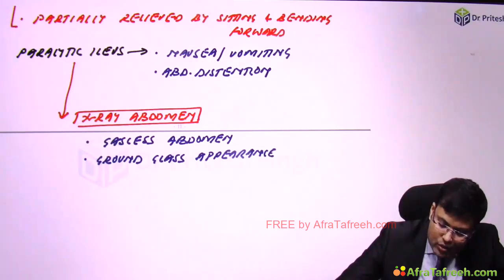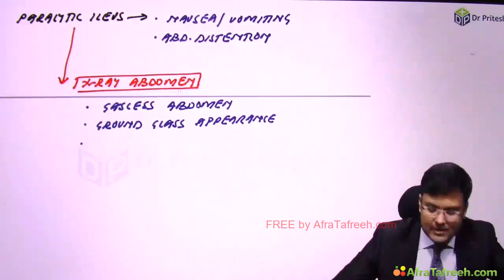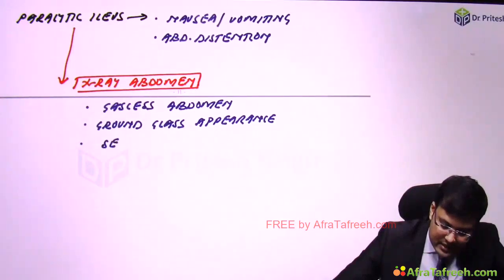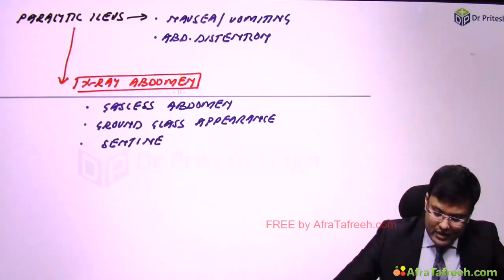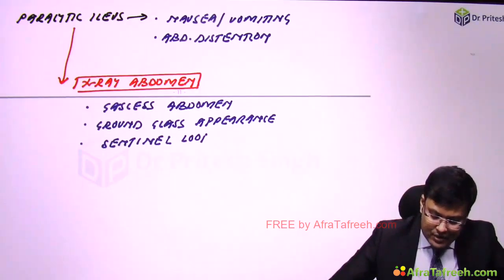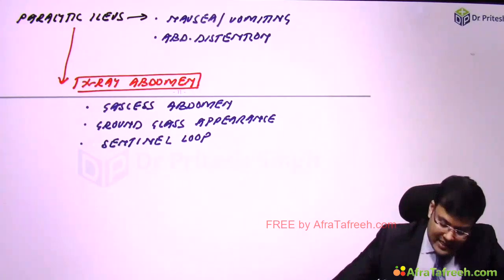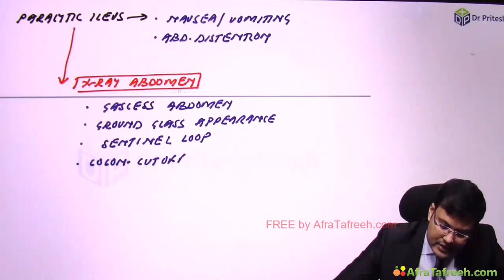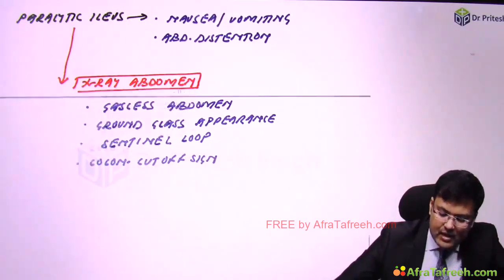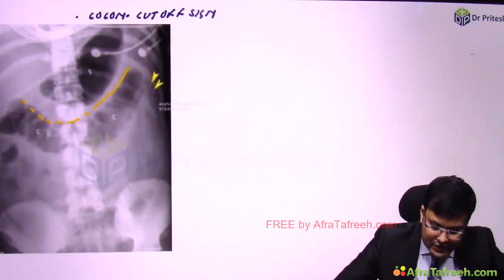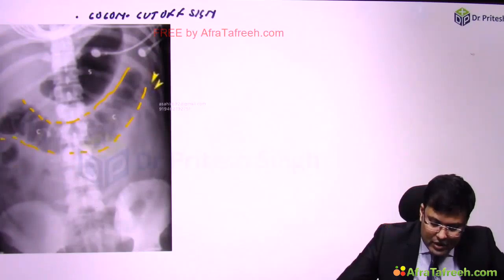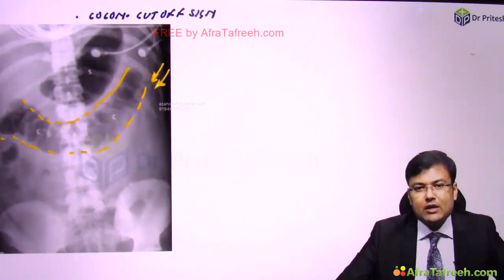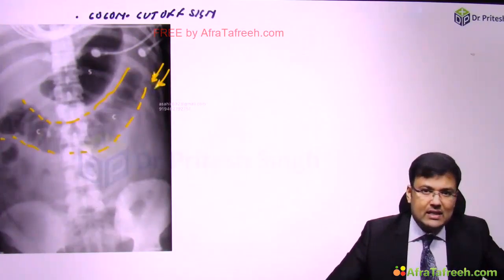There is localized ileus of jejunum known as sentinel loop, and there is colon cutoff sign. How does it look? In this picture, what you can see is this part of the transverse colon, but you cannot see the colon beyond the splenic flexure. So this is the colon cutoff sign. These are important signs seen.